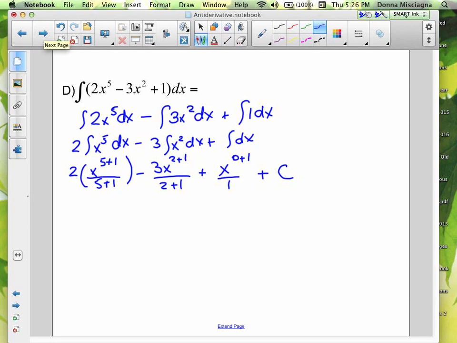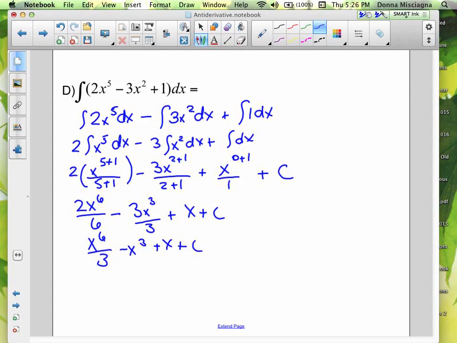And then we can simplify it. Yes, I've broken this down into more steps than you'll do when you're solving these out. But by doing this now, breaking this up into lots of steps, you'll understand the steps, which is my goal. So this would be 2x to the 6 divided by 6 minus 3x cubed divided by 3 plus, well, that's just going to be an x. And now this reduces to x to the 6 divided by 3 minus x cubed plus x plus a constant.